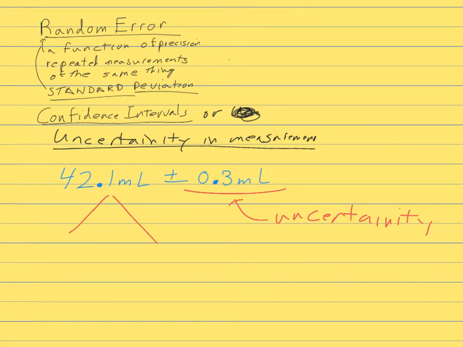We would have confidence intervals for this measurement of 42.4 milliliters on the upward side and 41.8 milliliters on the downside. And I know I used a different volume, so she's measuring something different. So that would be her confidence intervals.